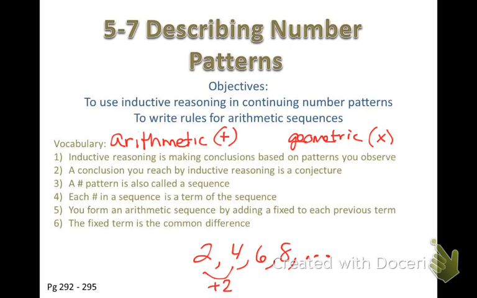Each number in a sequence is a term of the sequence. You form an arithmetic sequence by adding a fixed number to each previous term, and the fixed number is the common difference. I can have a common difference that is a positive number or a negative number, so it just depends.